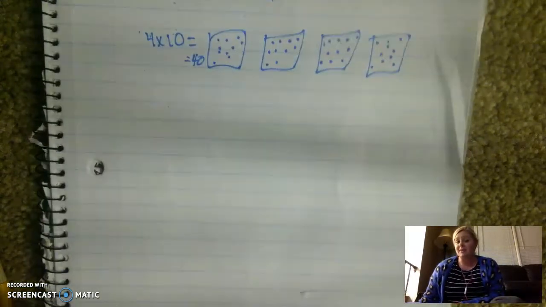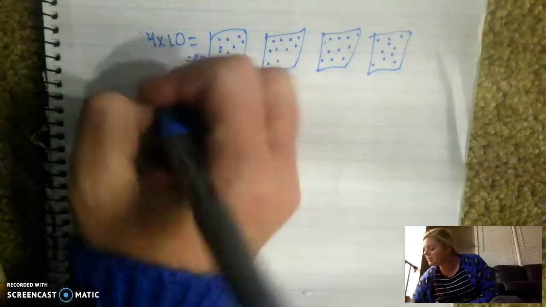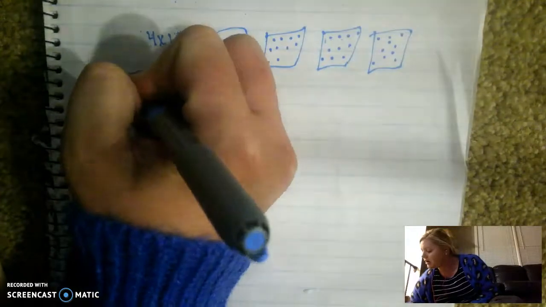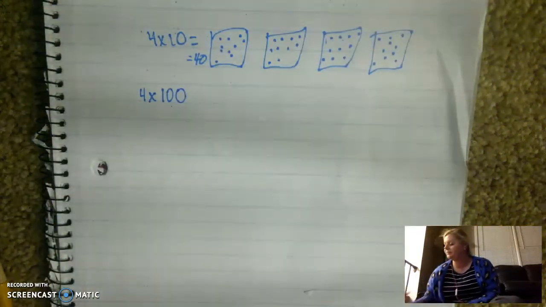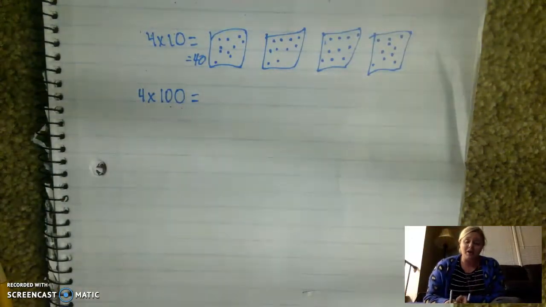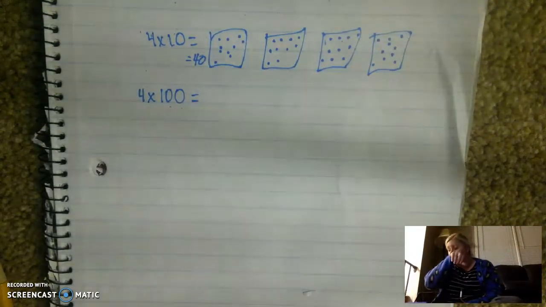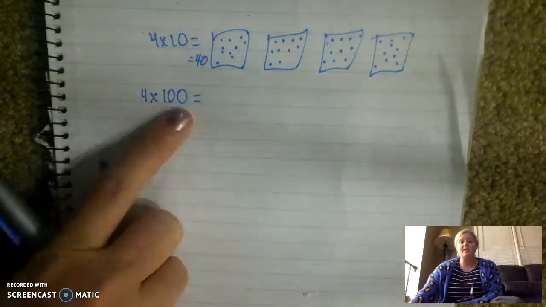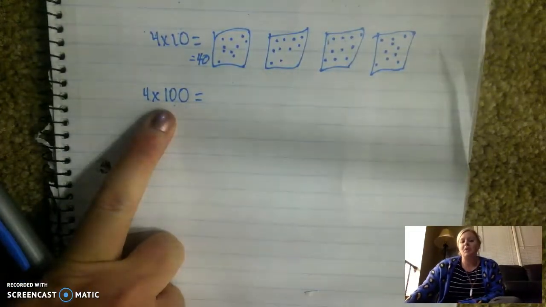So I did my 4 times 10. We know 4 times 10 equals 40. Now let me do 4 times 100. I'm not going to draw 4 boxes and put 100 dots in each one. That's kind of crazy. But if I'm looking at 4 times 100, what could I do with this problem?